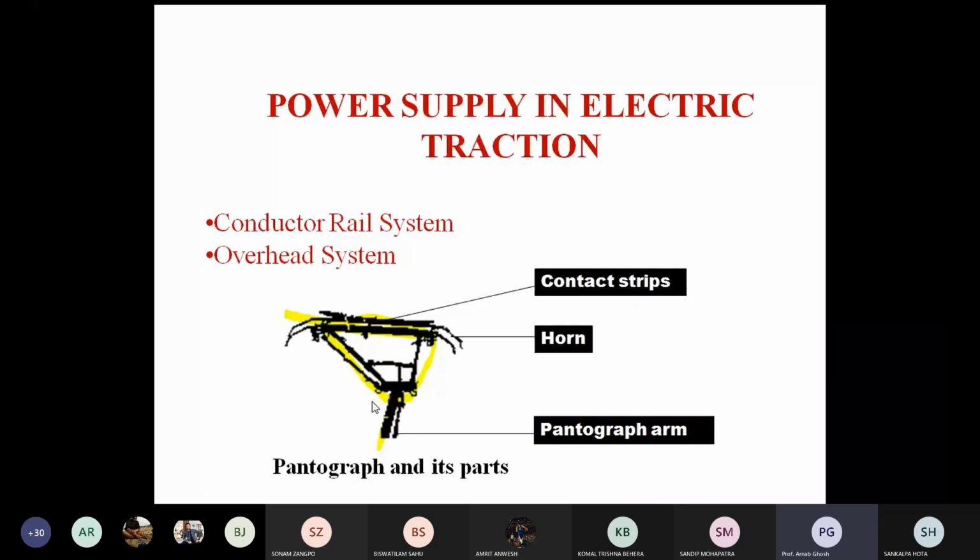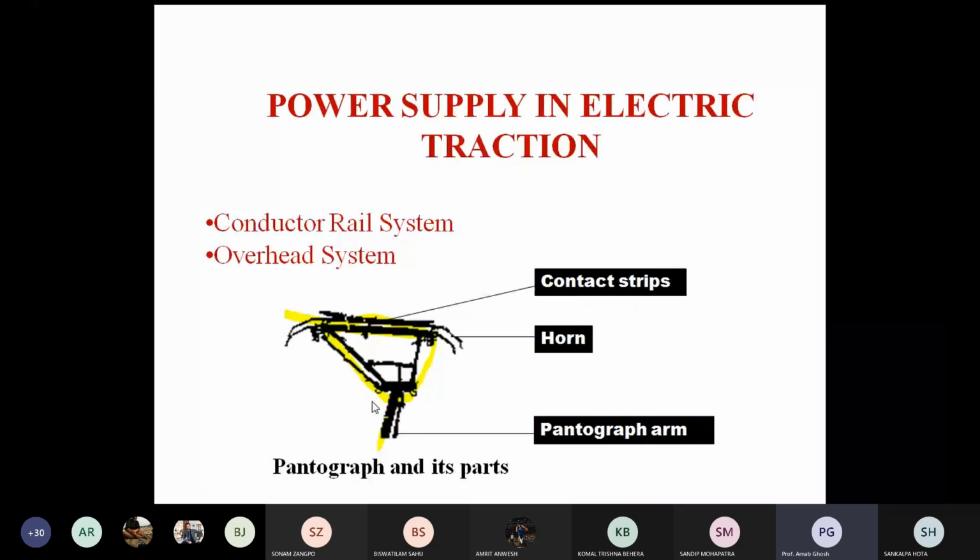So if there is any gap between the contact strip of the pantograph and the conductors, for which type of conductors? There are normally two conductors you can see in the overhead connection. One is the contact wire, where the pantograph is touching the conductor. Another one is called the catenary.